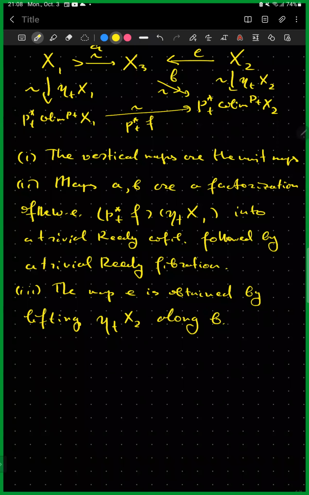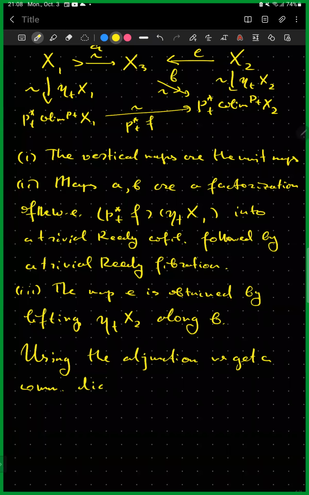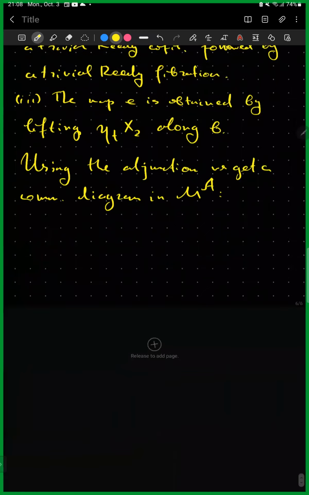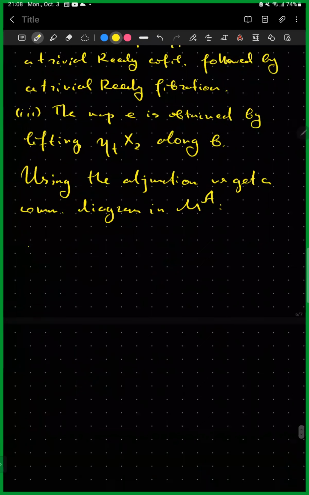Then using the adjunction, we get a commutative diagram in MA. The commutative diagram looks like this.